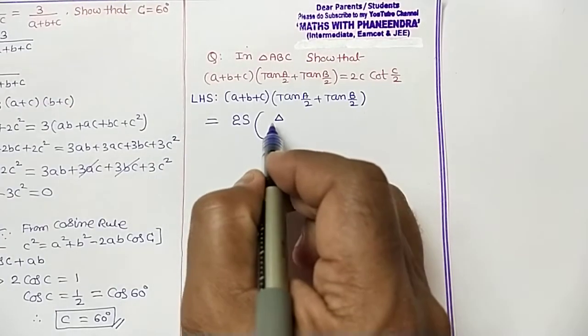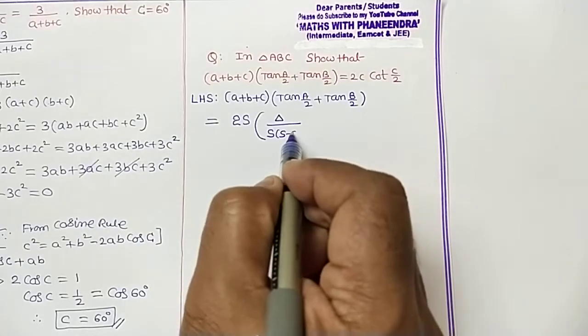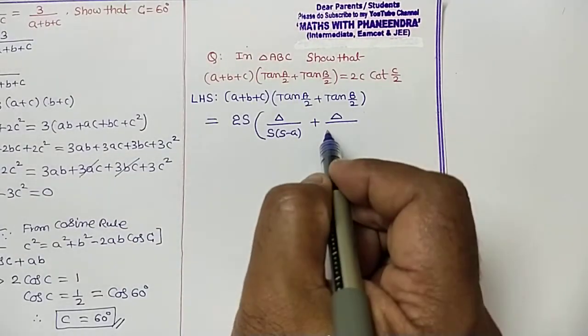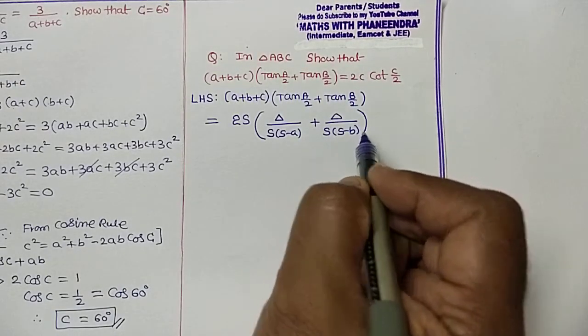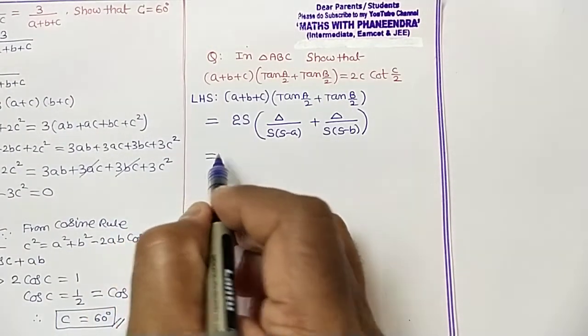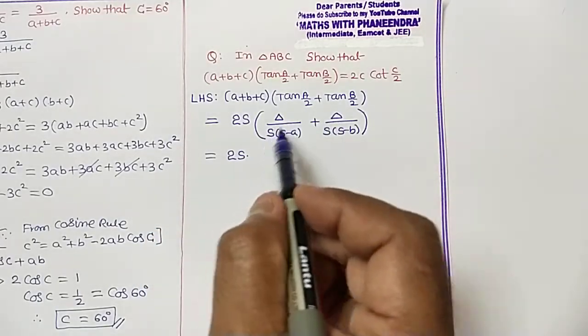Tan a by 2 equal to delta by s into s minus a, plus tan b by 2 in terms of delta and s into s minus b. After that, delta by s you have to take common. 2s into, from these two, delta by s is common, no?